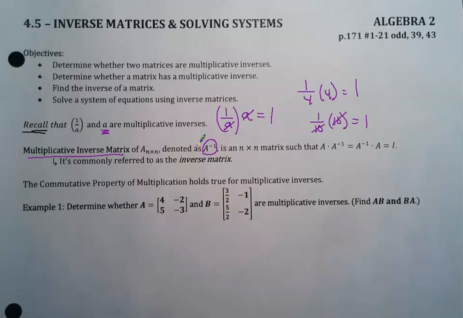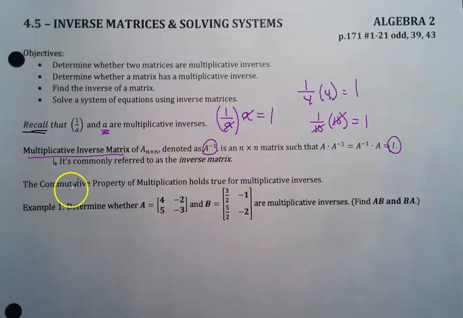It's an n by n matrix as well, such that if we take matrix A times the inverse matrix, it's the same thing as taking the inverse matrix times the original matrix A, and either way it's going to equal I, not 1. It looked like a 1 up here. So it equals I, the identity matrix. This is commonly referred to as the inverse matrix.